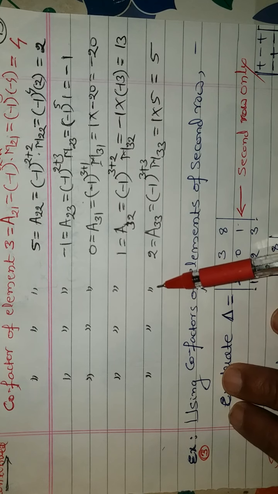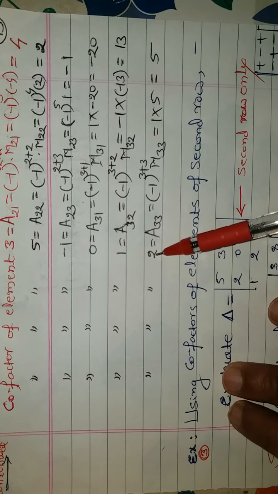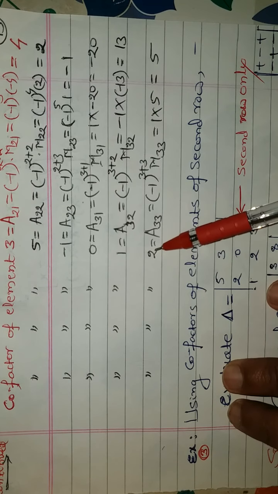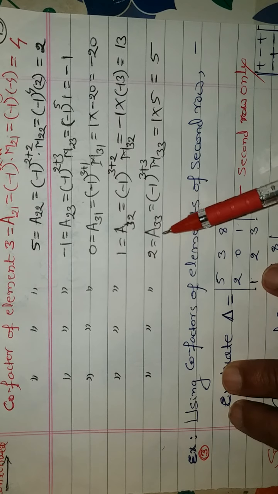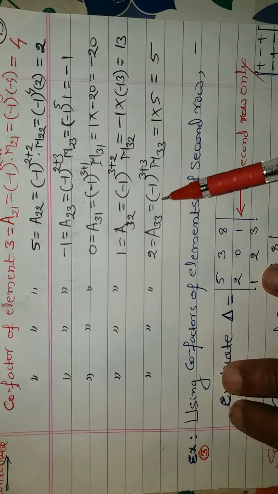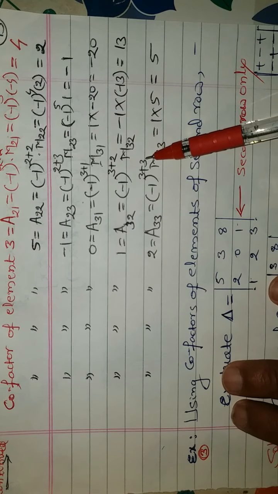Lastly, the cofactor of the element A33, the minor is 2. Hence, the cofactor of the element 2 is A33, because 2 lies in the A33 position. Capital A33 is the cofactor of element 2. That equals minus 1 to the power of 3 plus 3.